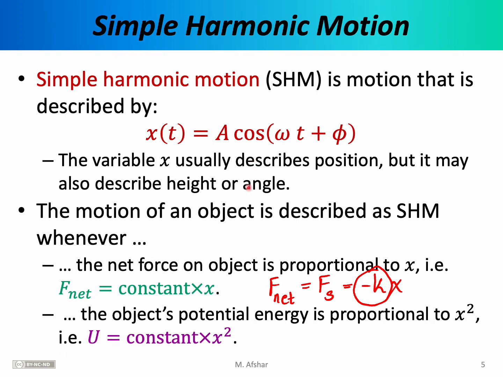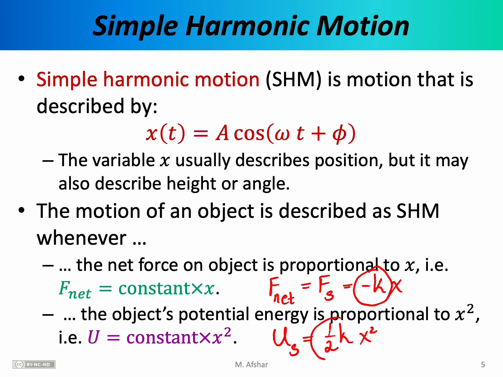Another equivalent definition is to say that motion is simple harmonic motion whenever the object's potential energy is proportional to x squared. So whenever the potential energy is equal to some constant times x squared, then we have a situation where x can be described by this function. This was certainly the case for the simple mass spring system. For the simple mass spring system, the spring potential energy was equal to 1/2 kx squared.